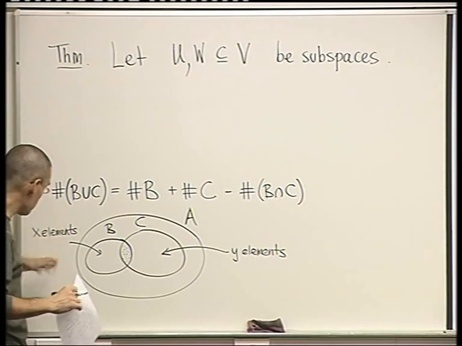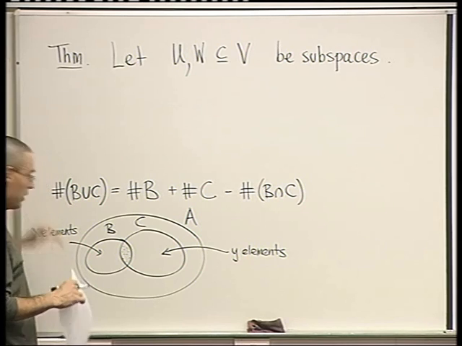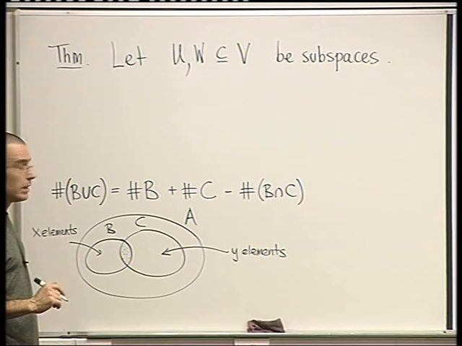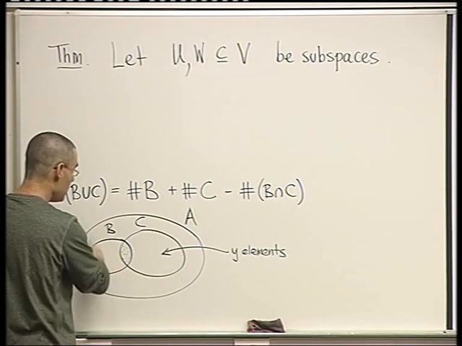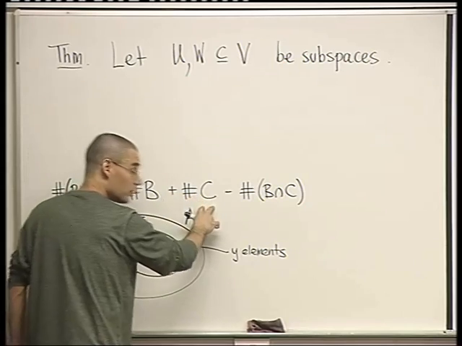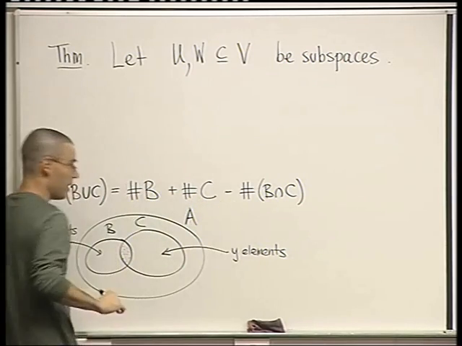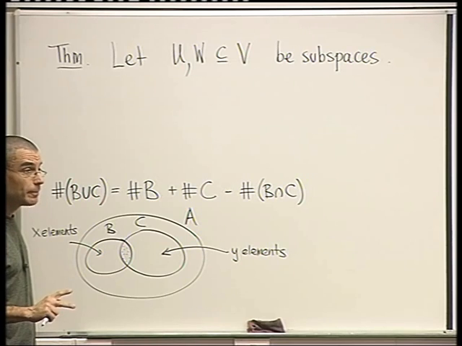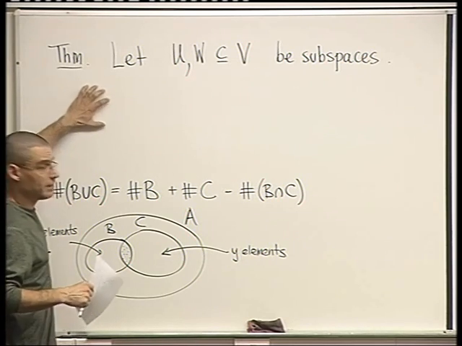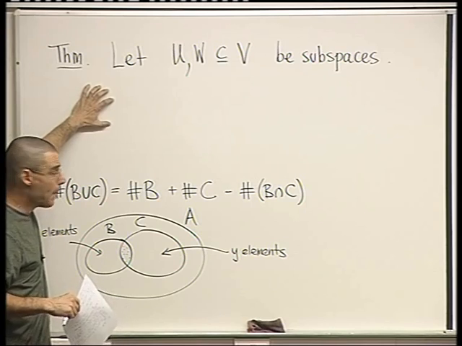Here we're just looking at sets with elements. So the number of elements in B union C is X plus Y minus the number of elements in the intersection. This is precisely the statement that's going to be written here.